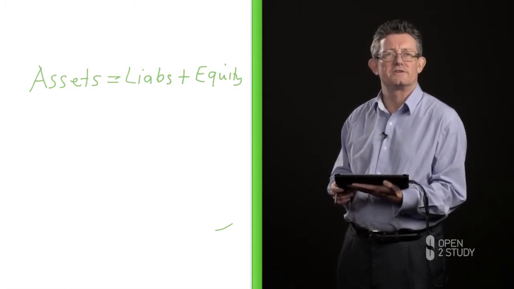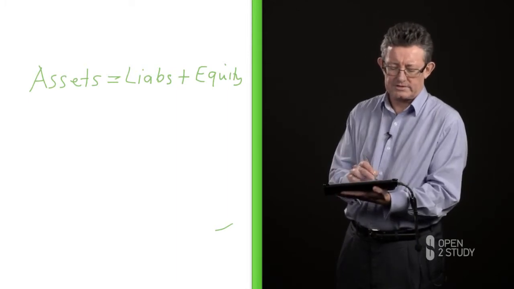Let's take a look at the figures for a well-known supermarket business, Woolworths. And these are recent figures. Woolworths had $22 billion in assets on its balance sheet. Largely property, fittings, stock. Think about a supermarket. Where did it get the money to acquire such a large amount of assets?